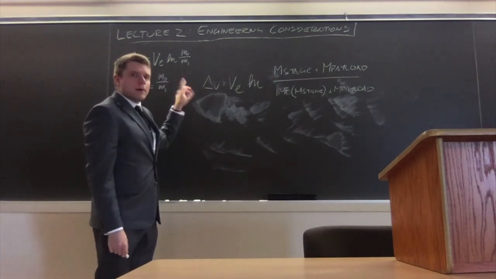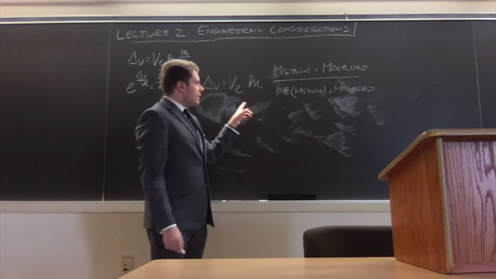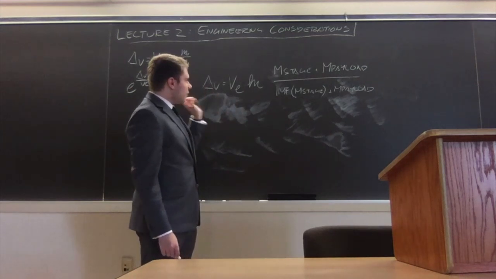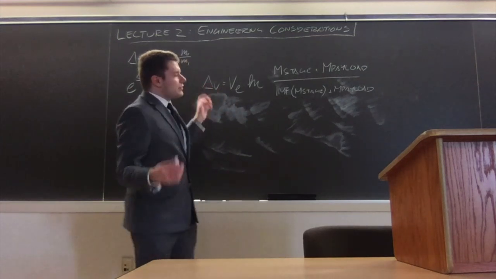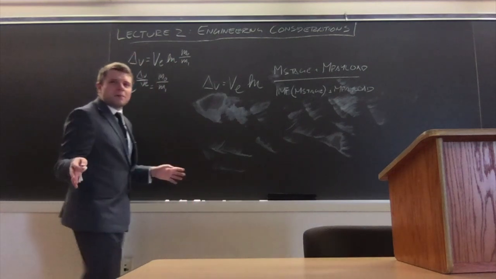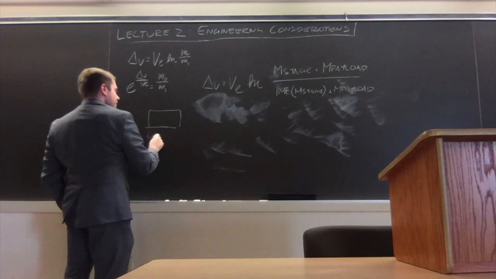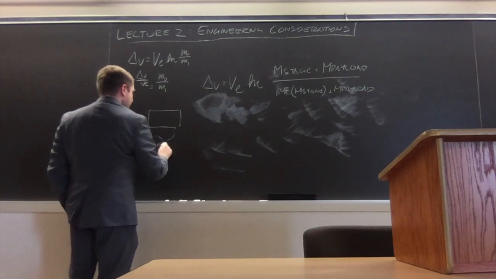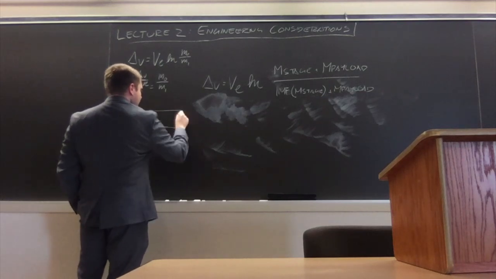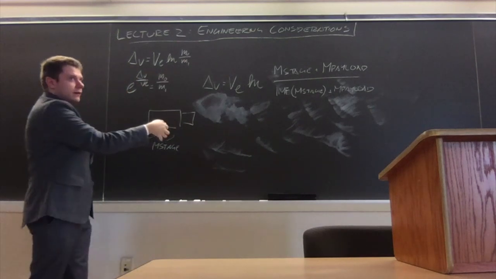and our payload mass. The thing we have to consider next is, well, actually I should think about this another way. I should probably represent this a little more visually for you guys. The mass of the stage is everything in the stage by itself.